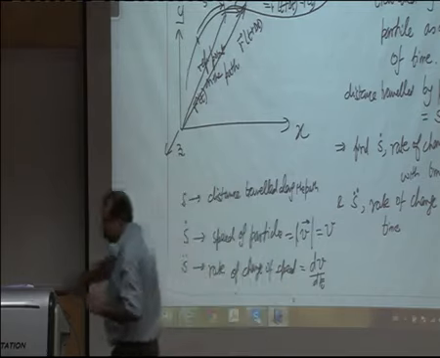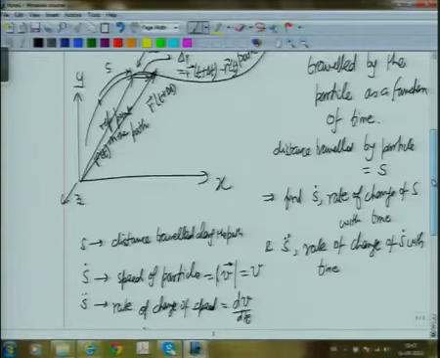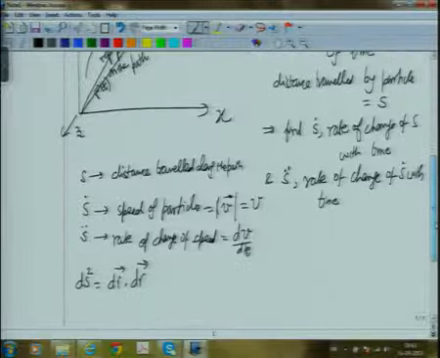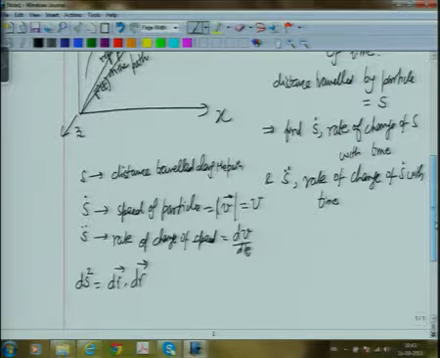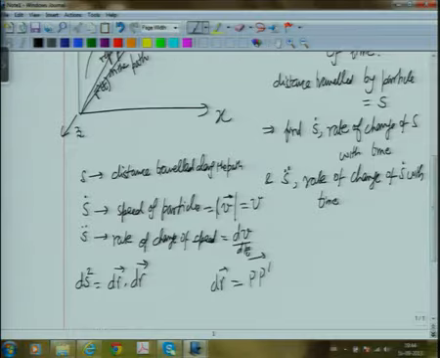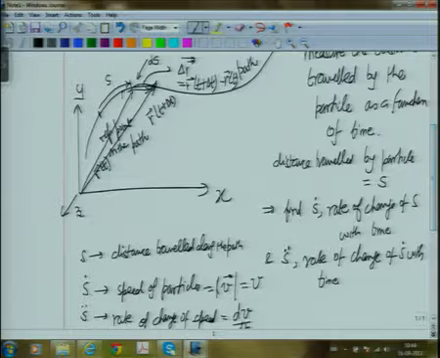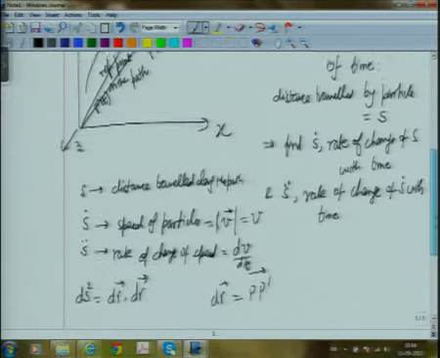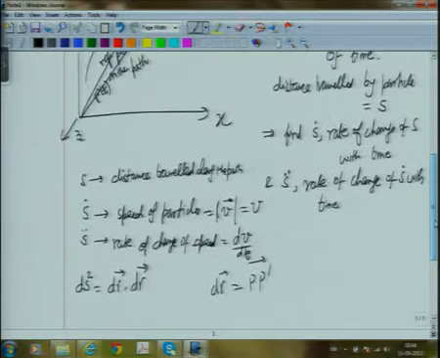So I can write it as ds square is equal to dr dotted with dr. Now dr vector is nothing but the vector from point p to point p prime, where point p is at r vector and p prime is at t plus delta t.